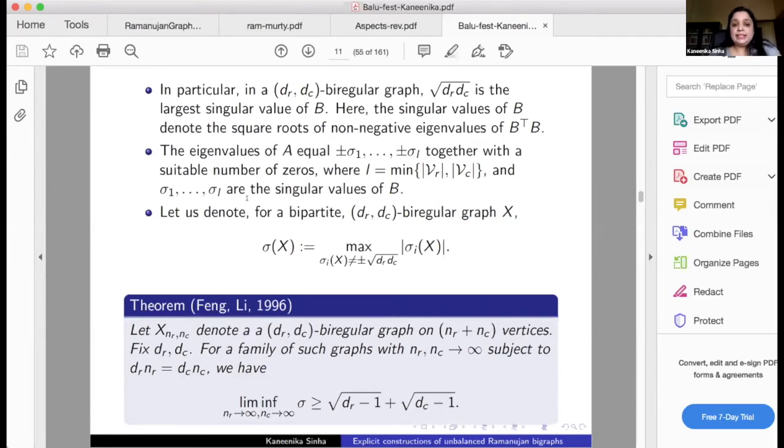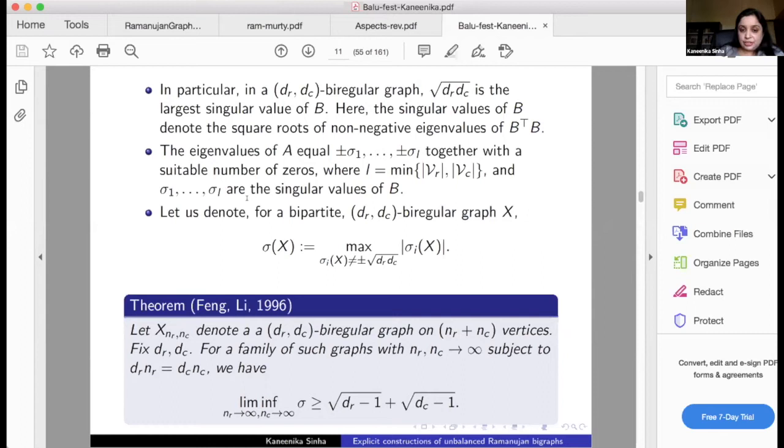Okay. And as an extension of the Alon-Boppana theorem to this setting, suppose we fix d_R and d_C, and we take a sequence of sizes of vertex sets n_R and n_C in such a way, of course, that d_R n_R has to be equal to d_C times n_C.